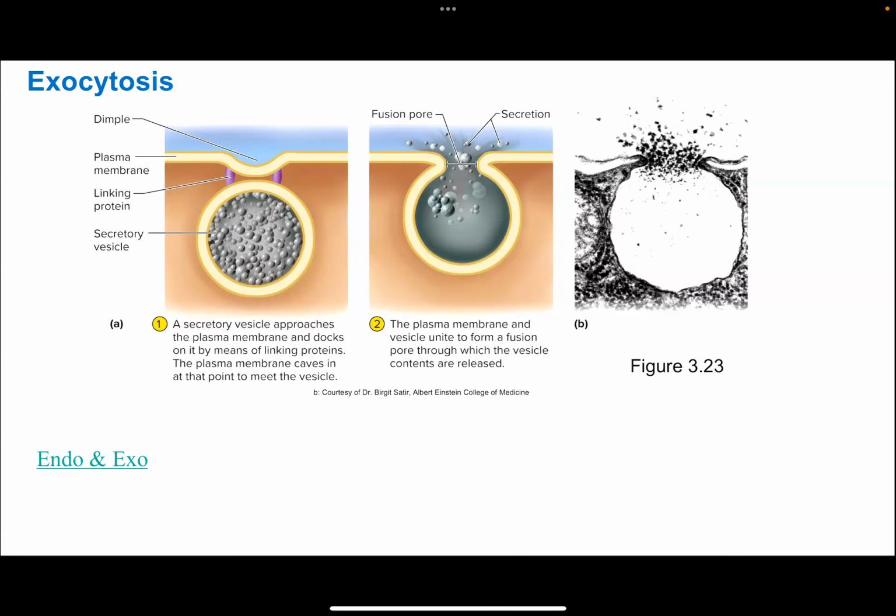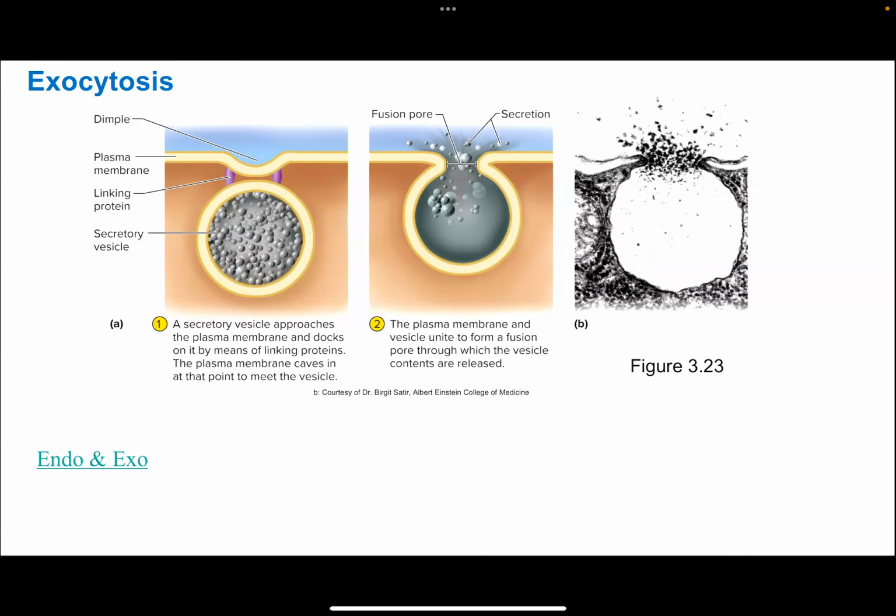Exocytosis, on the other hand, is when a vesicle needs to, or a cell needs to get rid of something. And so the vesicle begins to merge with the plasma membrane, forms an opening or a fusion pore, and essentially just kind of spits everything out into the extracellular space. It releases it.